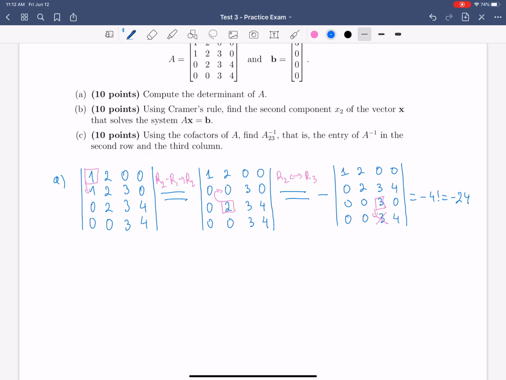Another way to have done all of this would be from here, you could pass on to expansion. So you can combine methods. You can expand along the second row because you only have one non-zero term.